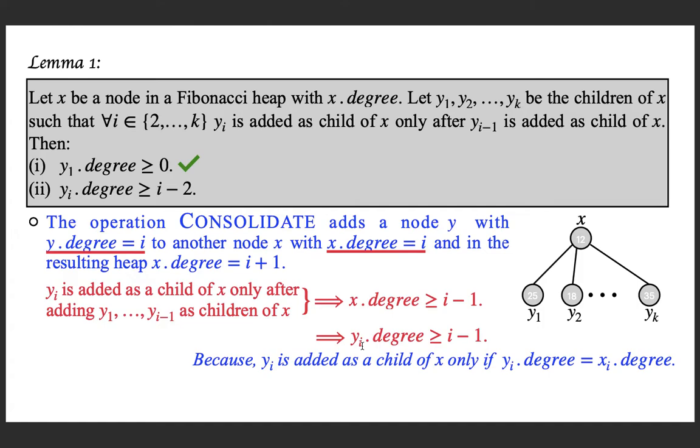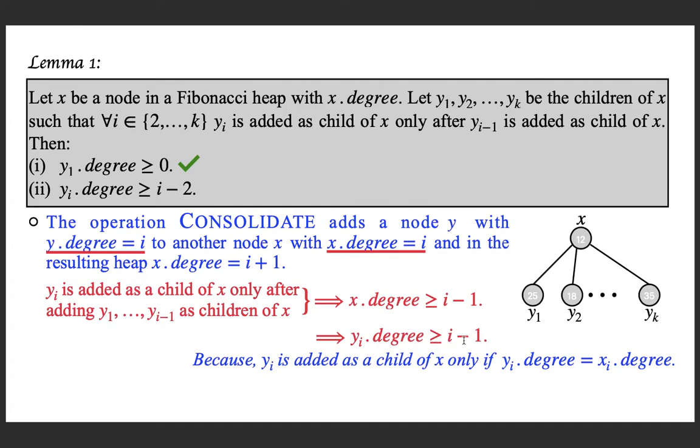So later on, this node might have lost a child, and recall that it cannot lose more than one child. The moment it loses the second child, that tree will again be removed and taken into the root list as a fresh tree. I hope you remember that from the previous lecture.